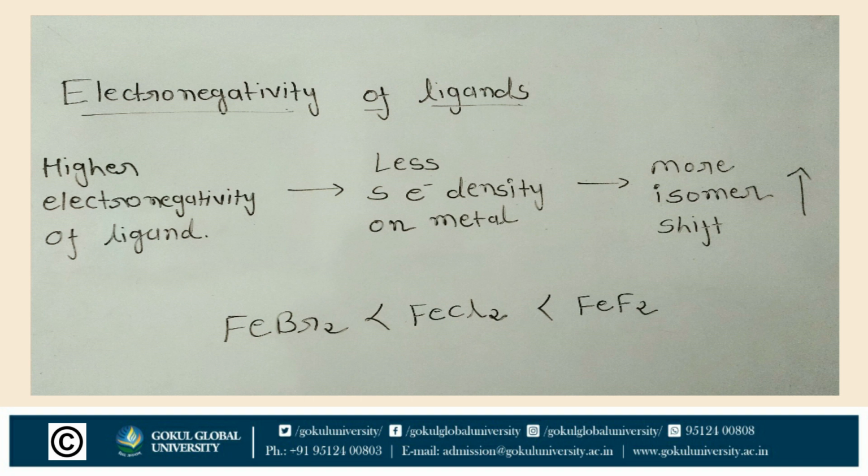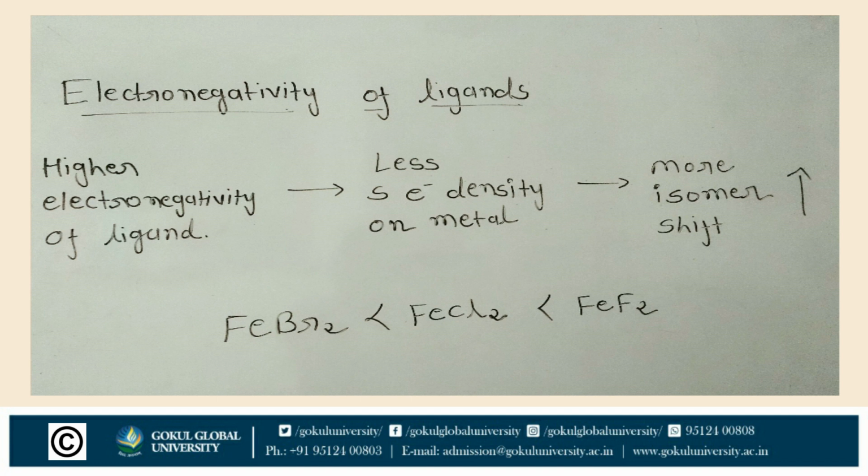So the metal will have less s electron density. The less the s electron density, the greater will be the isomer shift. So if an electronegative ligand is present on the metal, then the isomer shift will be higher.